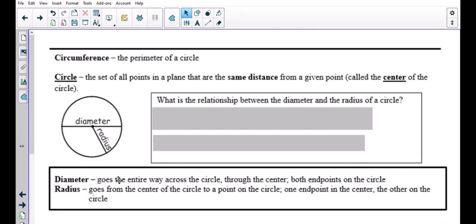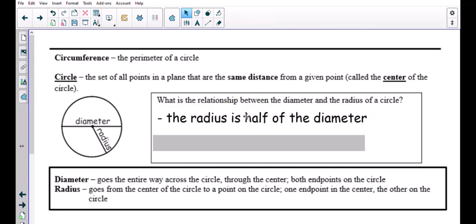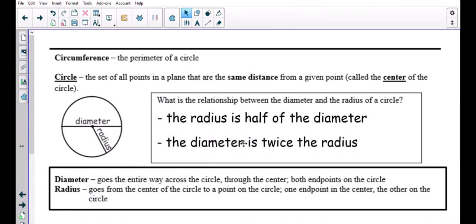Let's talk a little bit about the relationship between the diameter and radius. What do you think their relationship is? If you're recognizing that the radius is half of the diameter, you are absolutely correct. Since the radius goes from the center to the outer edge, it's only half of the diameter. The other relationship is that the diameter is twice the radius. These are pretty important for us to understand.